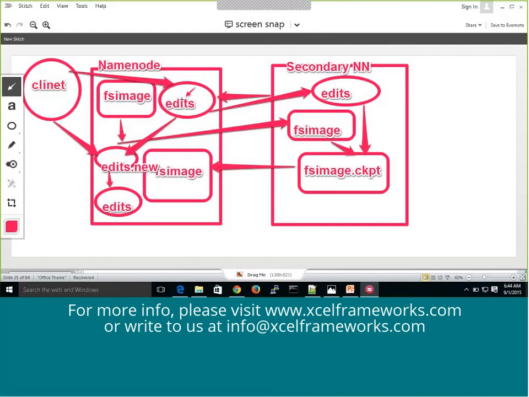While this fs image is copied back here, the edits.new will be rolled back into the edits file. This is what checkpointing is all about. This process is called the checkpointing process, and the secondary name node is also called a checkpoint node.